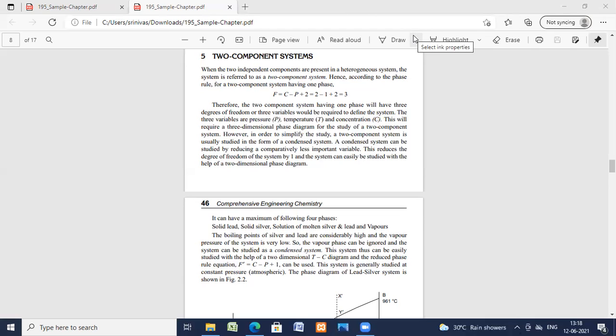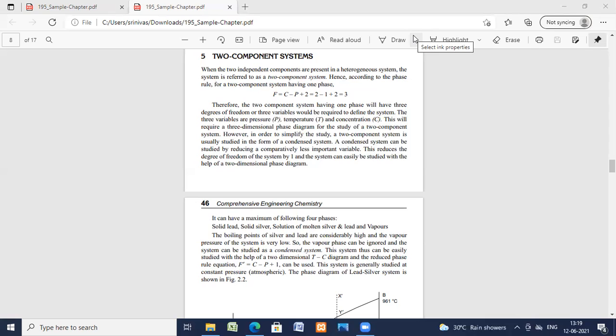Next, we'll see what a component is. It is denoted by C. The number of components in a system is the smallest number of independently variable constituents by means of which the composition of every possible phase in the system can be expressed with a chemical formula.